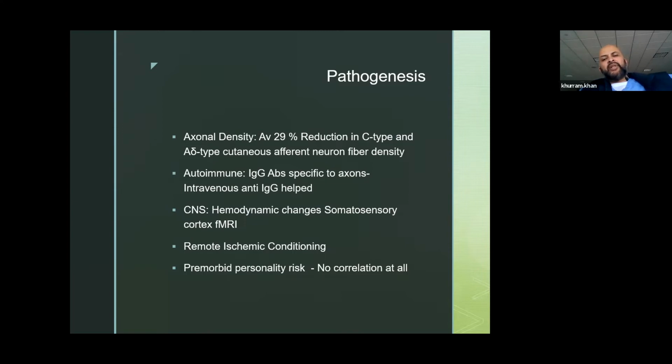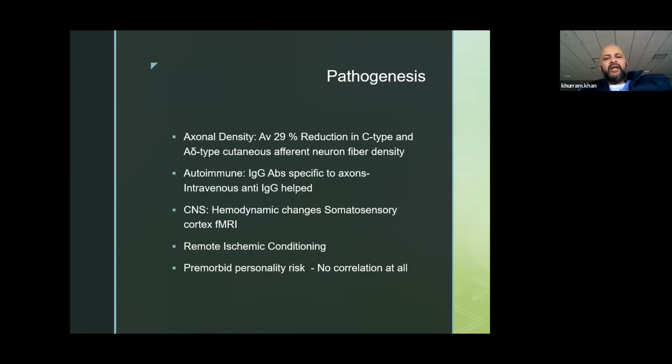And these are actually interesting because now the talk is that CRPS is not one disease, it is a heterogeneous disorder, and there is a thought process, and attempts are being made, to regroup CRPS into smaller subgroups.